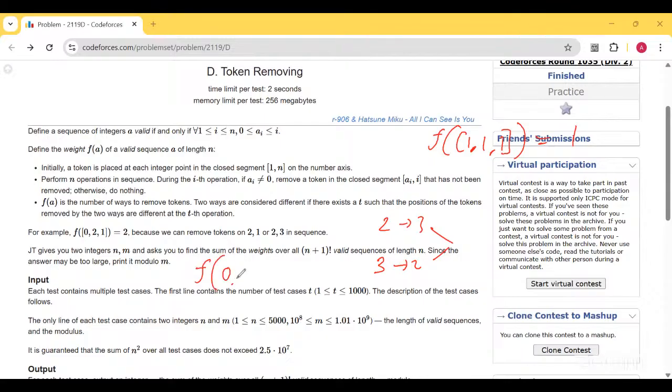How about 0, 1, 1? How many ways? If there is no token, then it is not a valid removal. We cannot use that configuration.